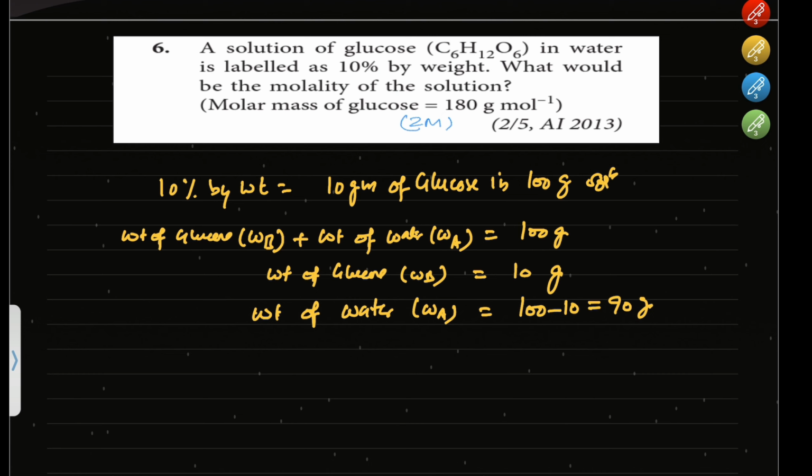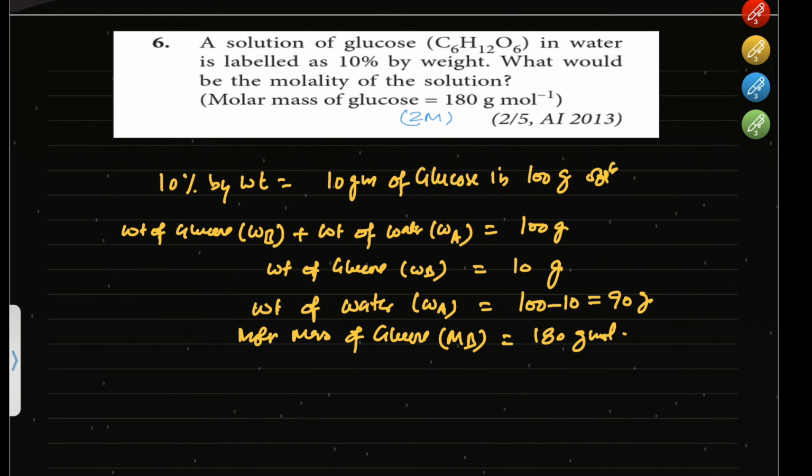So we know the weight of the glucose is 10 gram, weight of the solution 100 gram, and the weight of water is 90 gram, and the molar mass of glucose, that is MB, is equal to 180 gram per mole.